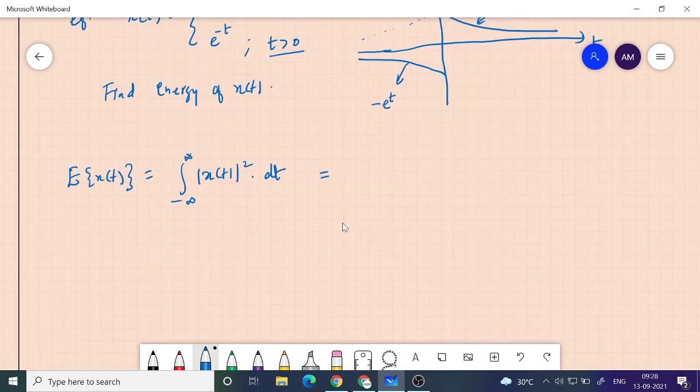So you split it because the functions are different. From minus infinity to 0, your function is minus e raised to minus t. You can just square because it is not a complex quantity, so by squaring, your sign will go away.